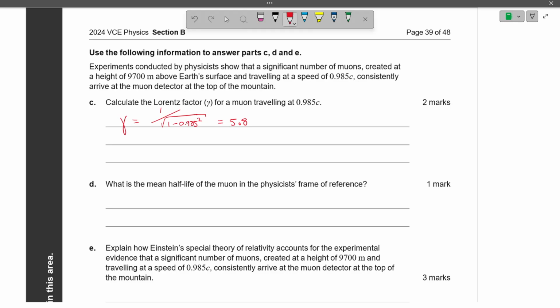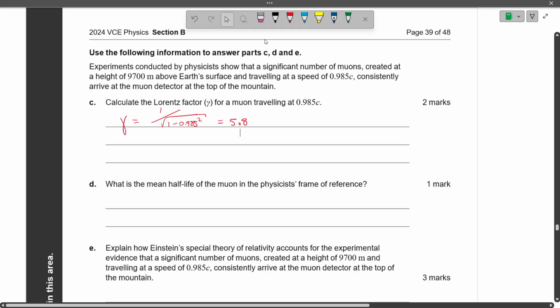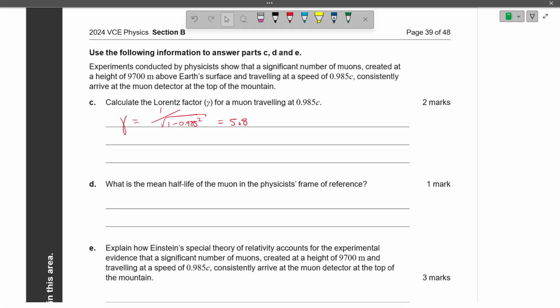Now, I've already looked at the examiner's report because I don't want to make too many mistakes when I'm doing this exam for you guys. I've already done it blind. I just checked my answers afterwards. But the examiner's report states, and let me see if I can bring it up. Just give me a second.